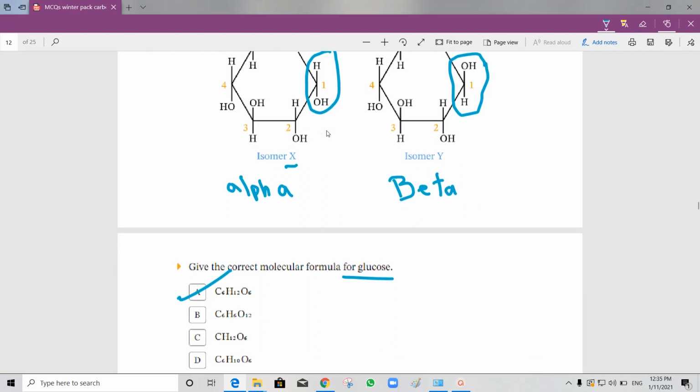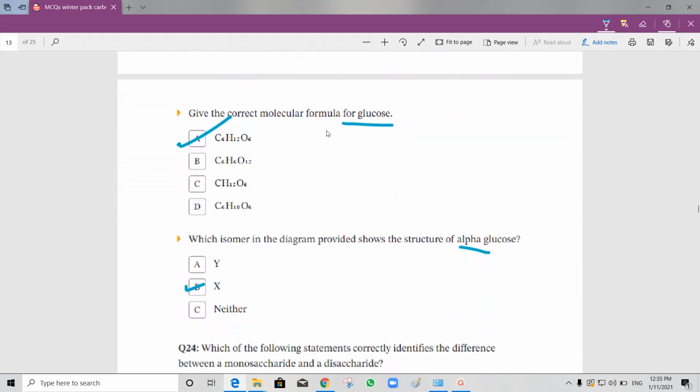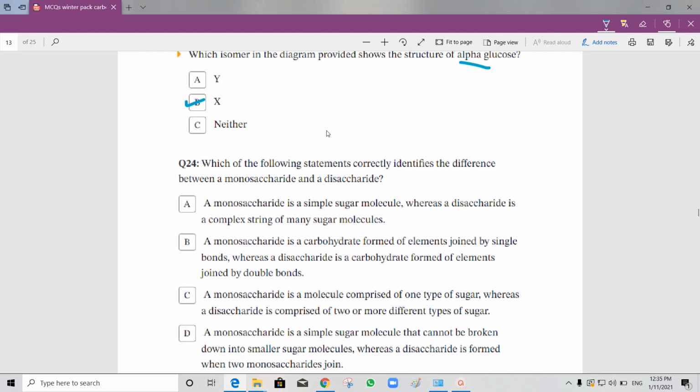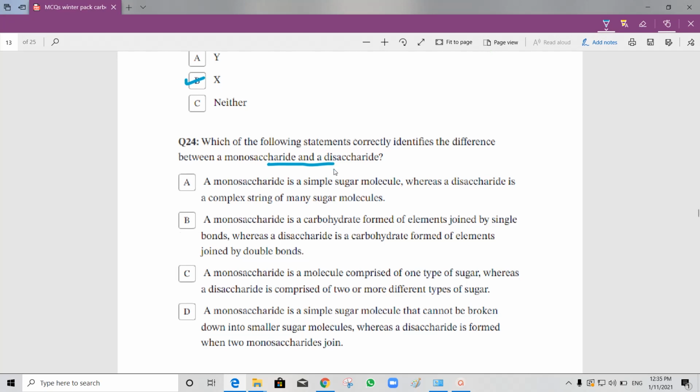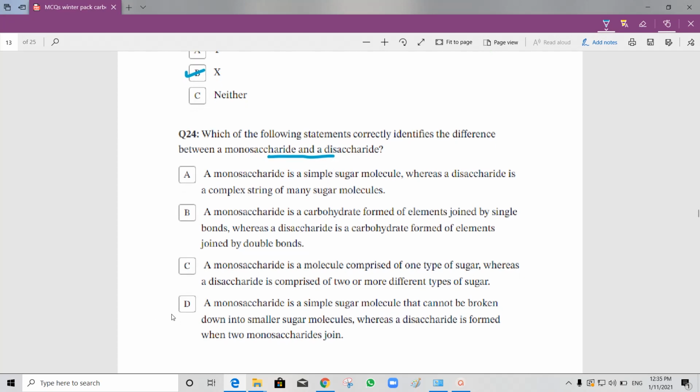This is question 23. Question 24 is asking which of the following statements correctly identifies the difference between a monosaccharide and a disaccharide. After reading the choices, you will find that the correct answer will be D. A monosaccharide is a simple sugar molecule that cannot be broken into smaller sugar molecules, whereas a disaccharide is formed when 2 monosaccharides are joined together.